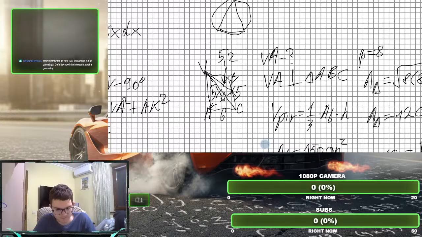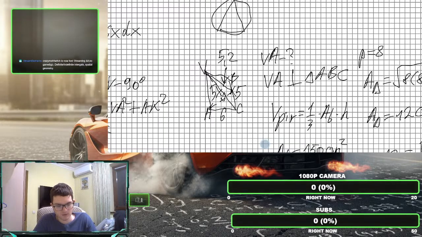Solve previous problem applying these formulas. Yeah, let's see. Yeah. So yeah, we got this. We got that. Checking this one out.